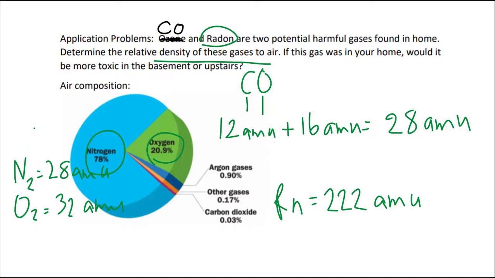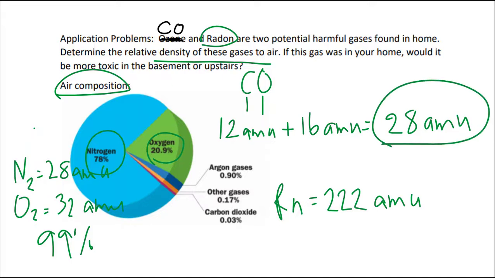So if we compare 78, 88, 98, almost 99% of our air, because we said this is our air composition, 99% of our air has a density between 28 and 32. So carbon monoxide's density, about 28, is right in the midst of all of that.